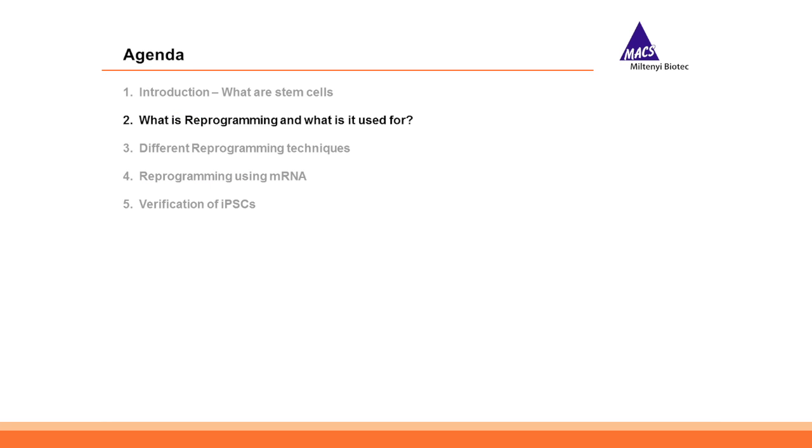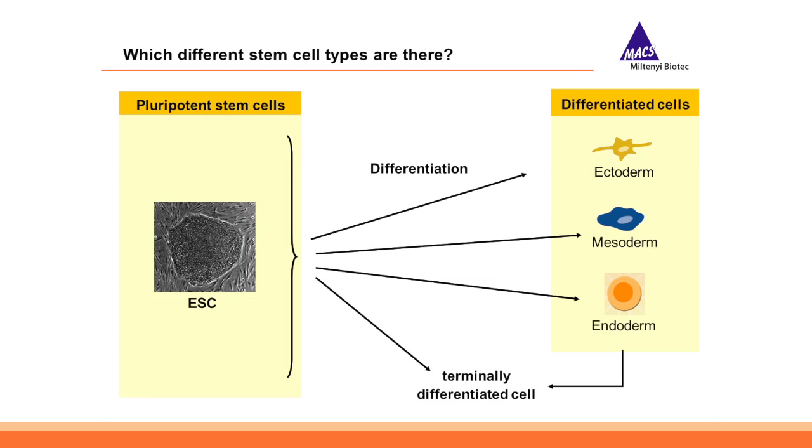So as you have now learned where to find stem cells in vivo, how can we produce pluripotent cells artificially? Here you see again what I told you before.